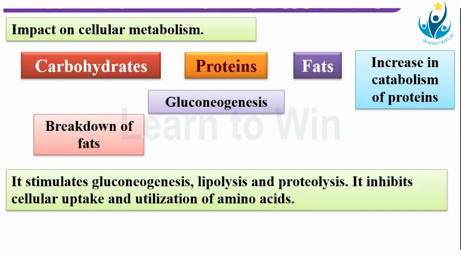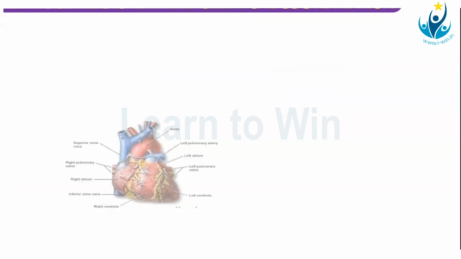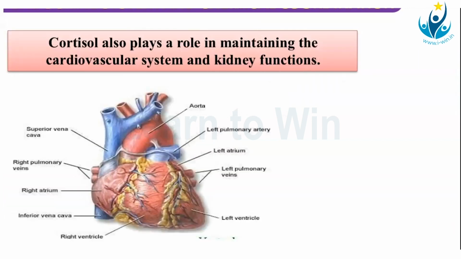Not only is it creating carbohydrate metabolism, it is creating gluconeogenesis, that is production of glucose from proteins and fats. It is also creating lipolysis, that is breakdown of fats. It is creating proteolysis, that is breakdown of proteins. It also has a major role in stress resistance.